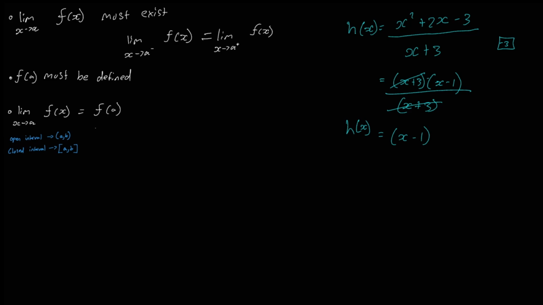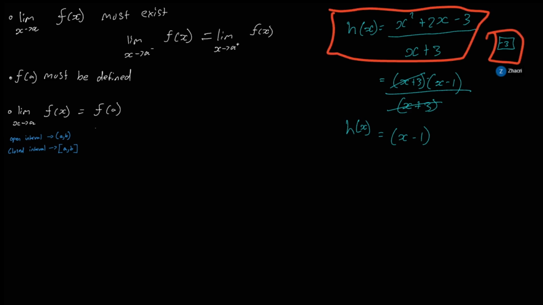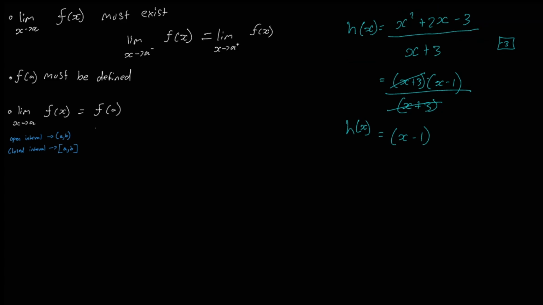So we can say that h of x is equivalent to x minus 1 when x is not equal to minus 3, but h of x is undefined at x equals minus 3.